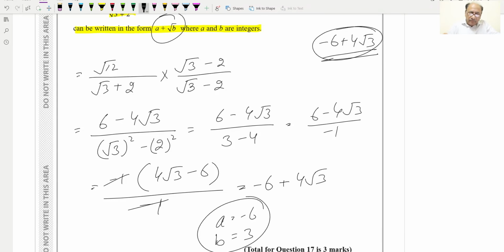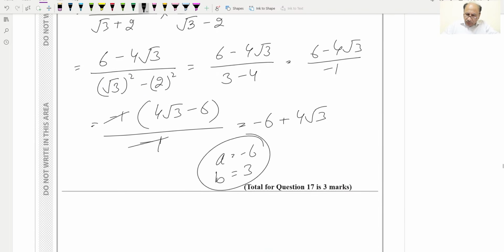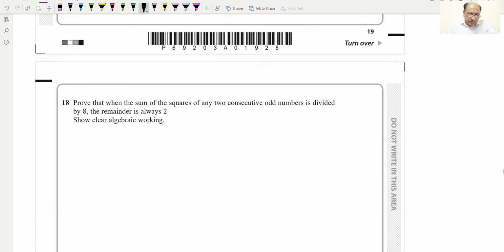This is our answer. B should be an integer, so we can write this as b. Now this is done. Next is what?